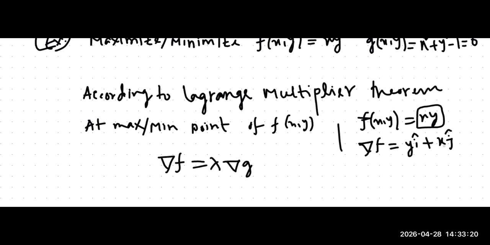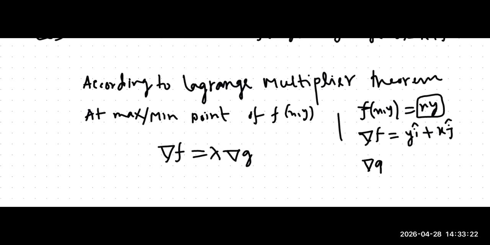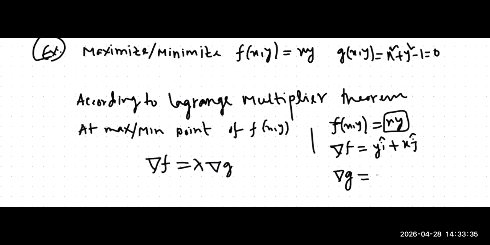and gradient of g is twice x i plus twice y j.